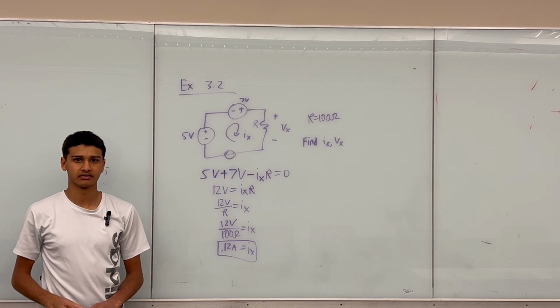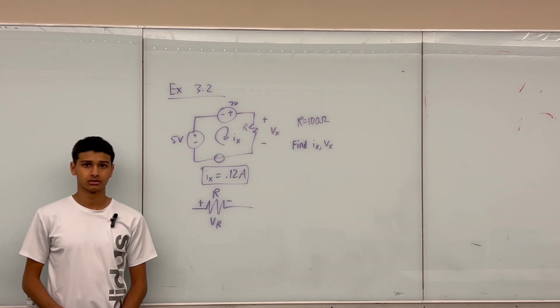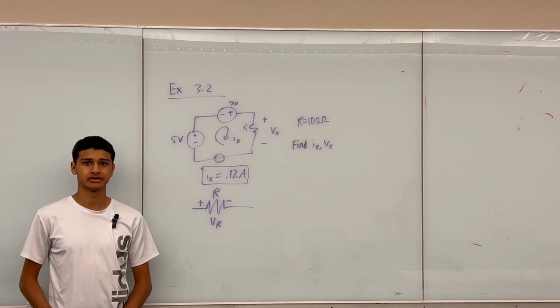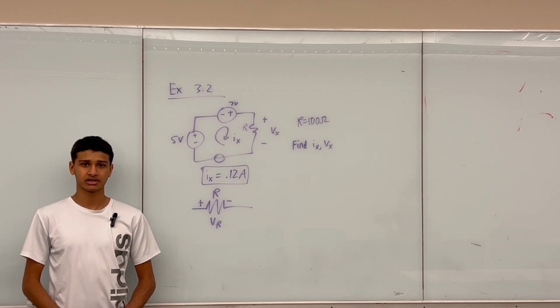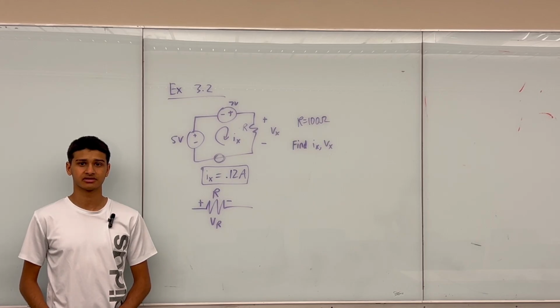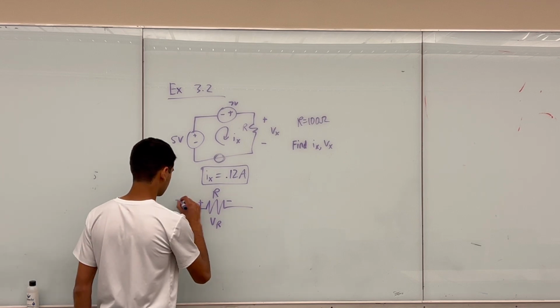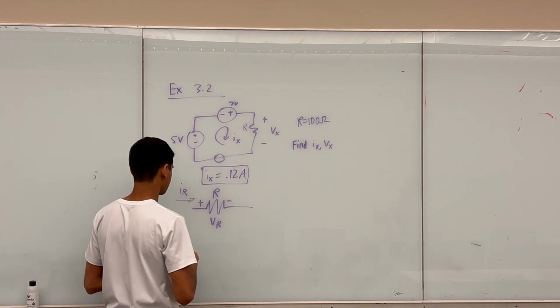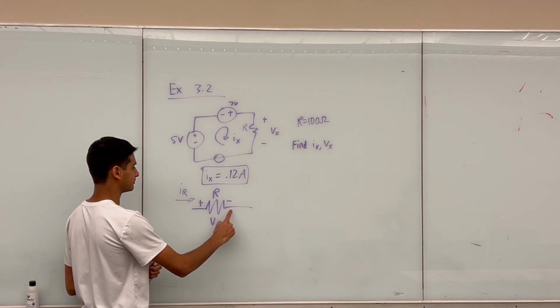And the next part of the video is finding the voltage Vx. Before directly finding the voltage Vx, I want to go back and talk a little bit about the resistor itself. So as I mentioned, the resistor has a voltage drop across it. What that means is that the terminal that the current is entering has a higher potential than the terminal that the current is leaving.